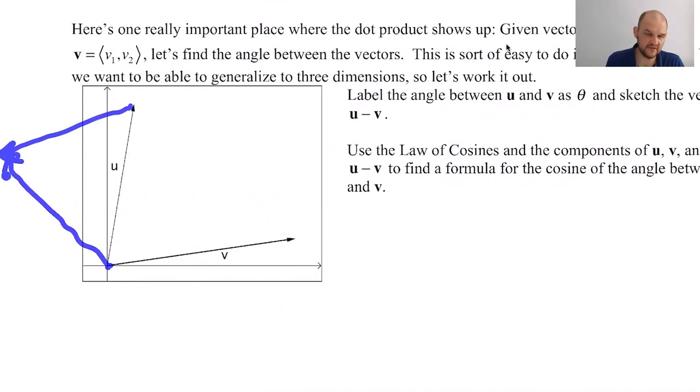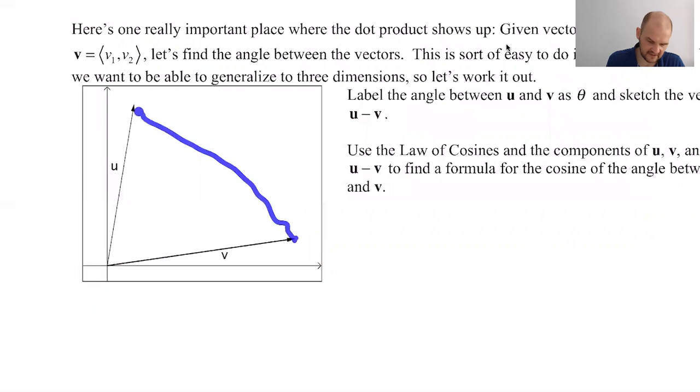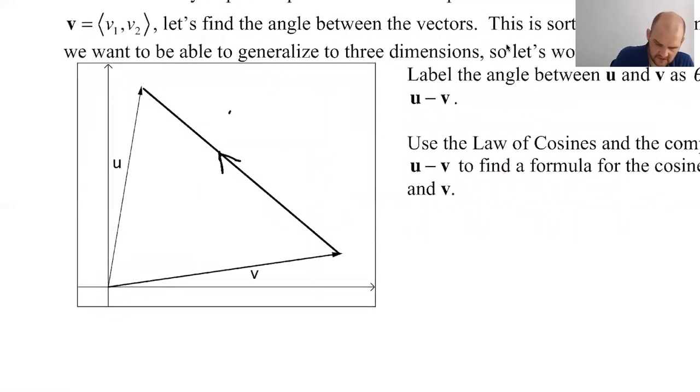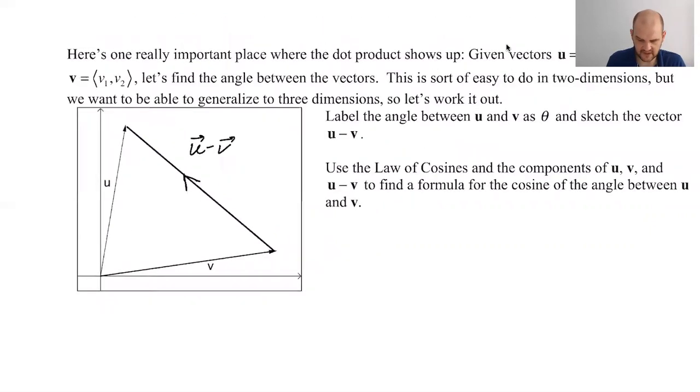But then you look at that and you're like, oh, I could pick that up and move it. So u minus v is actually this vector, and it points that way. So I'm going to add that to my picture. So this is u minus v.